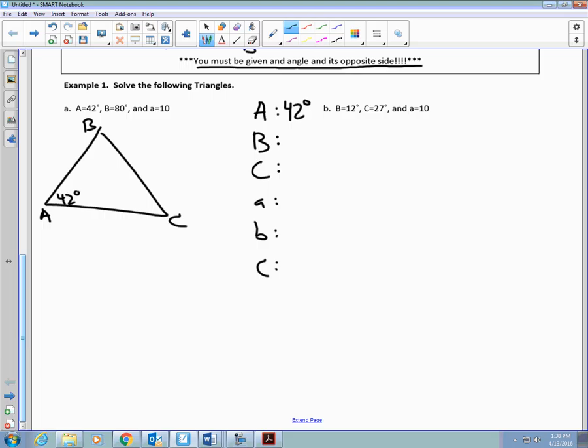Angle B is 80 degrees. And side A is 10. You found angle C. We'll do that in a second. Okay? So this side is side 10.